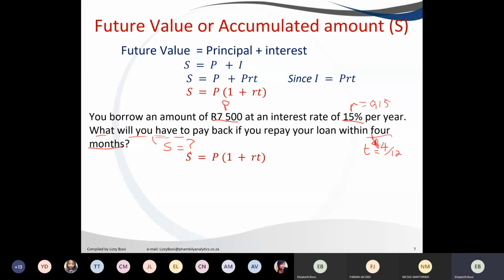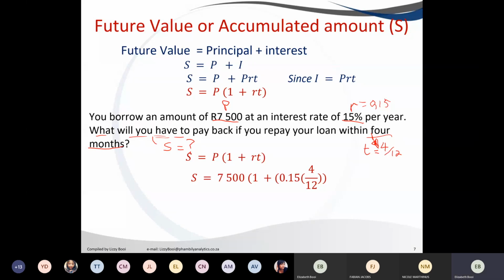My P is 7,500 times (1 plus my rate of 0.15 multiplied by my period of 4/12). It is always advisable that you do 4 divided by 12 outside and then substitute the value inside, because then your calculation becomes so cluttered inside.